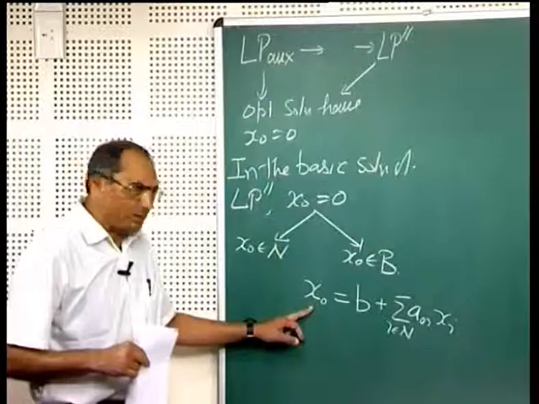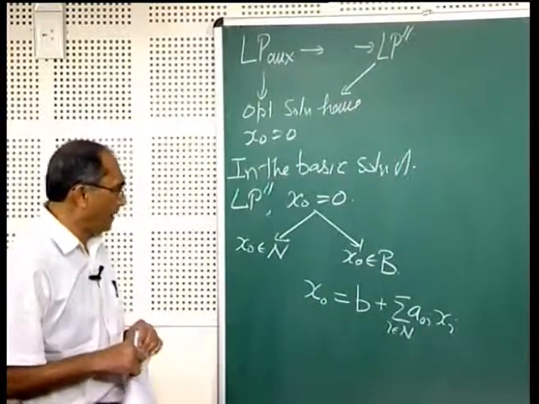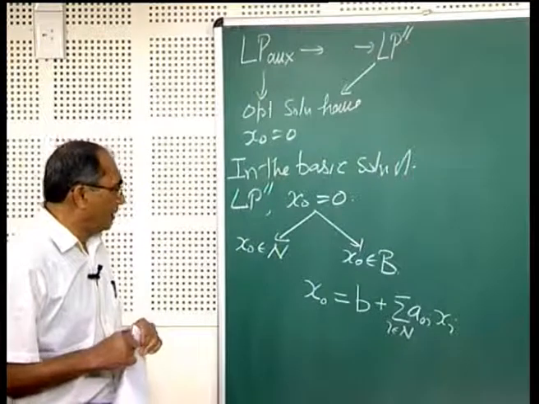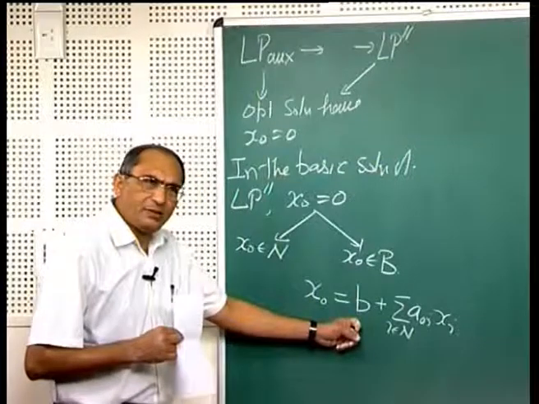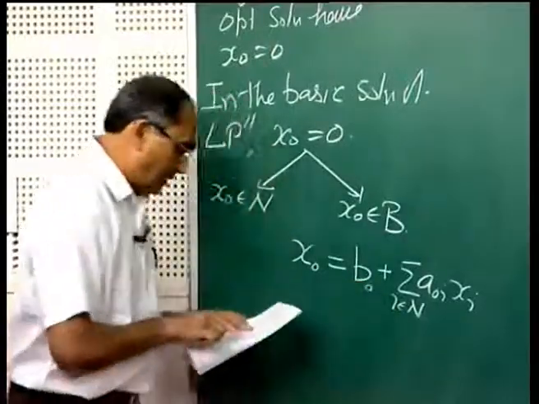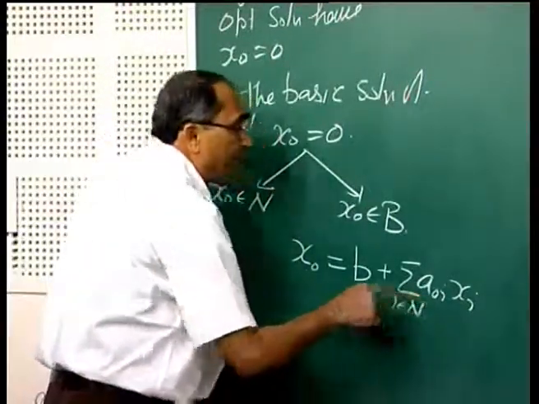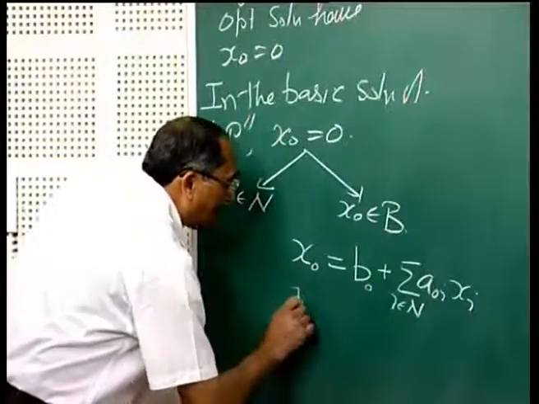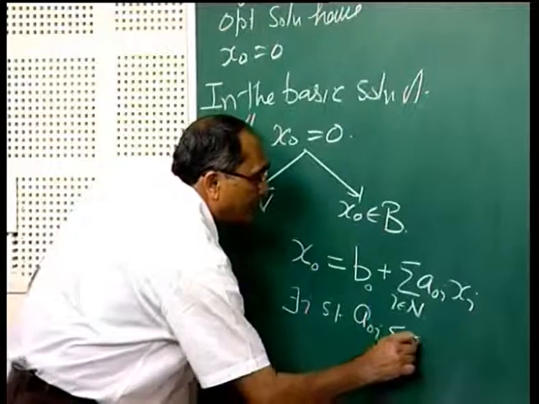This in the basic solution turns out to be 0, and b is non-negative, we can say b naught. So there exists some i such that a 0i is negative.